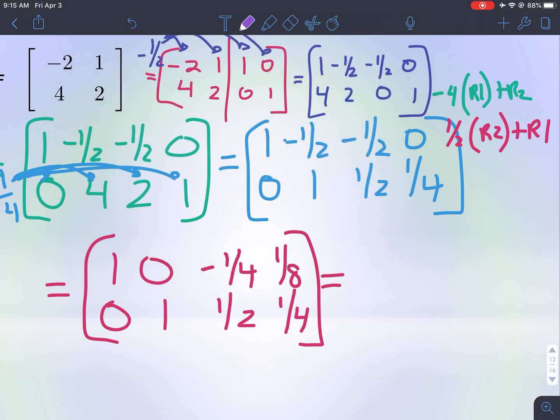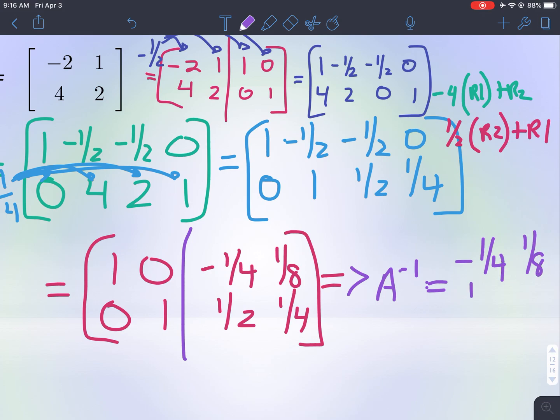So, if I now take a look at my new setup, I have the identity matrix on the left-hand side, and this implies that A inverse will be the matrix -1/4, 1/8, 1/2, and 1/4.